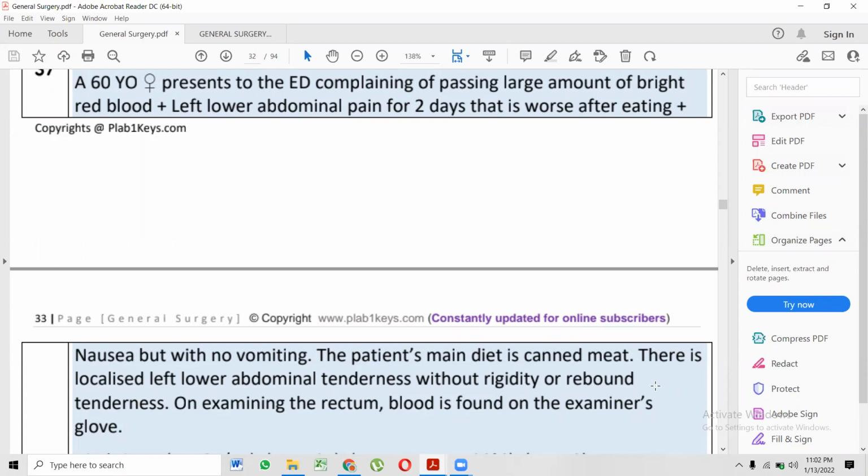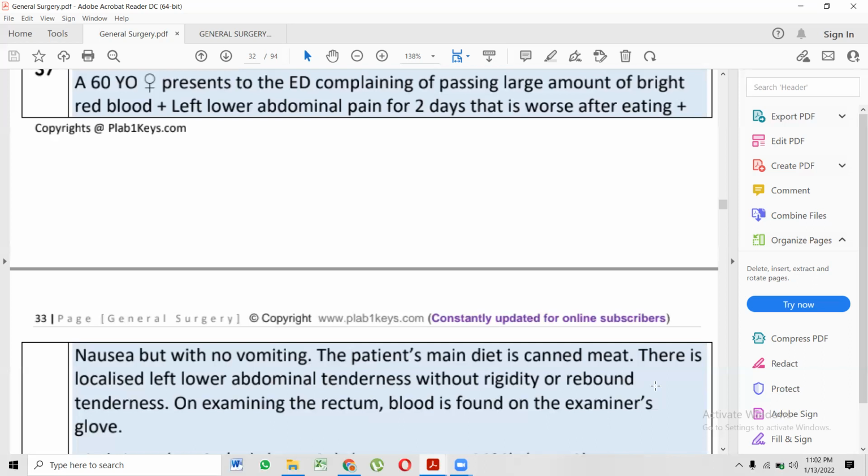The points not favoring colorectal carcinoma are no mention of weight loss, and the history is very short, only 2 days of left lower abdominal pain, plus there is localized left lower abdominal tenderness.